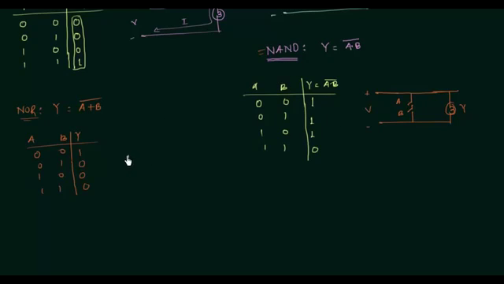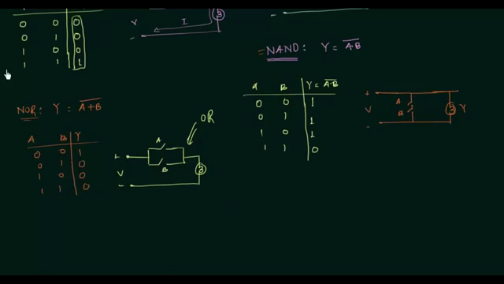I will first draw the OR gate. This was the OR gate. Two switches are A and B, and we want the complement of the OR.